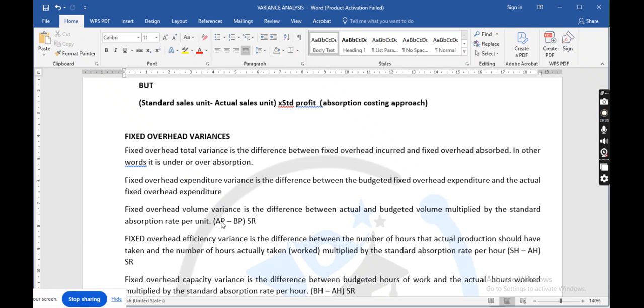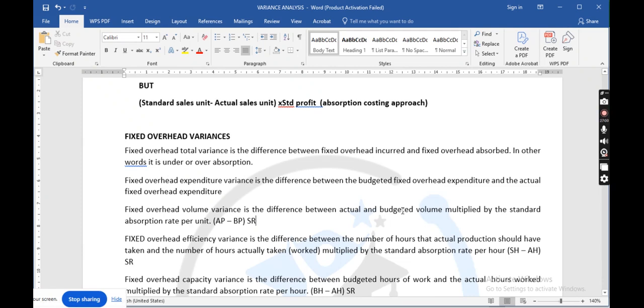Don't forget, you multiply by the standard rate, because it is rate. This standard rate here, class, is the fixed overhead rate. That is why I said multiply by the standard absorption rate per unit, the difference between the actual and the budgeted volume.